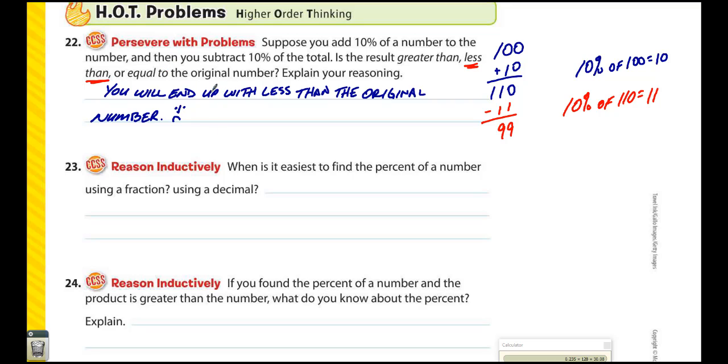You'll end up with less than the original because as soon as you get that new bigger amount, 10% of that bigger amount is more than the 10% of the original amount was.